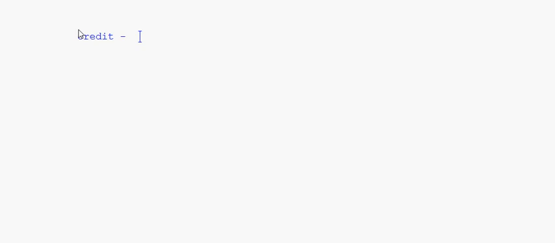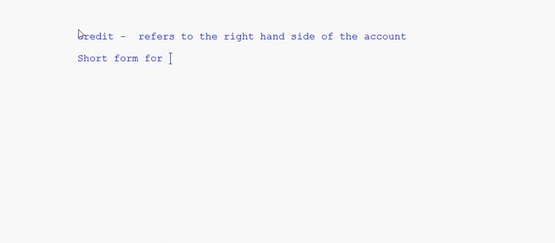Credit refers to the right hand side of the account, right? And the short form for credit is CR, right?